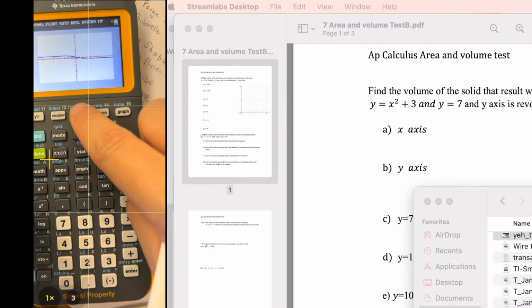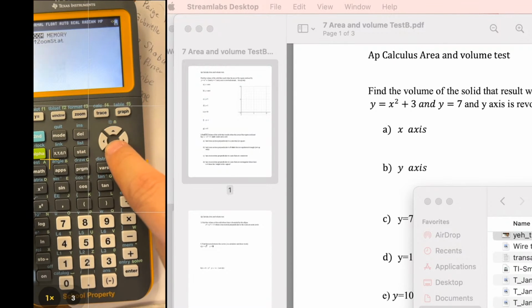I can move until I zoom in. Something's off about this graph. I don't know where. Did I press tan inverse or tan?